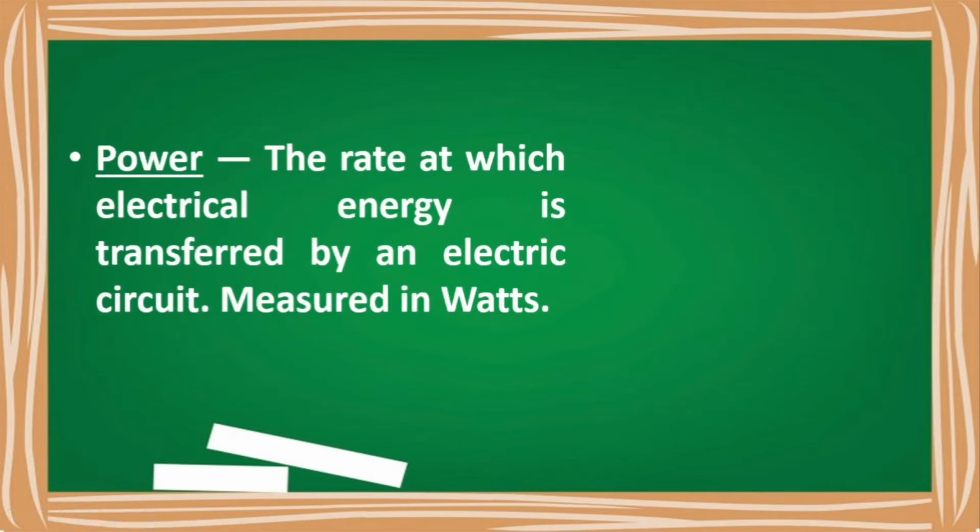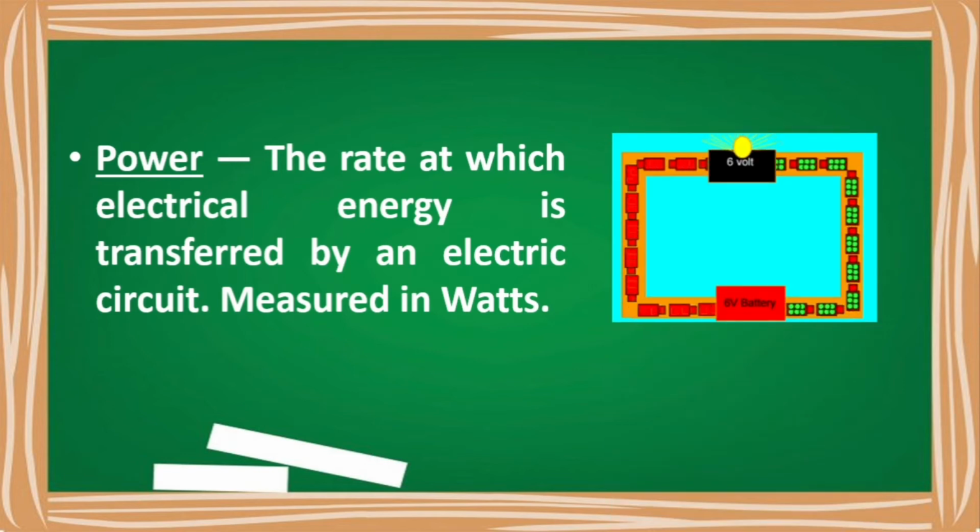Now power. Power is the rate at which electric energy is transferred by an electric circuit. It is measured in watts. Now you find here an electric circuit which has a bulb of 6 volts and a battery of 6 volts, and electrons are moving. So the bulb glows.